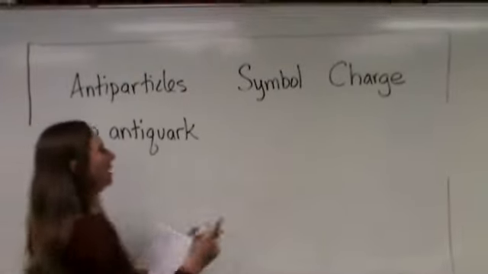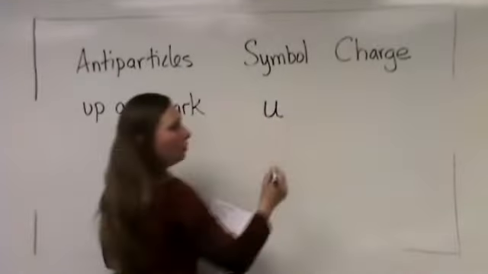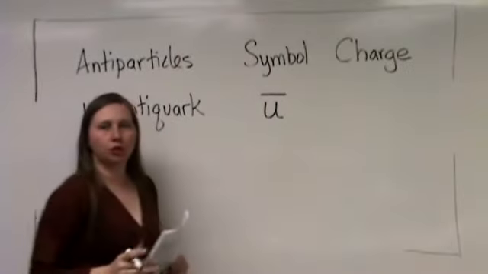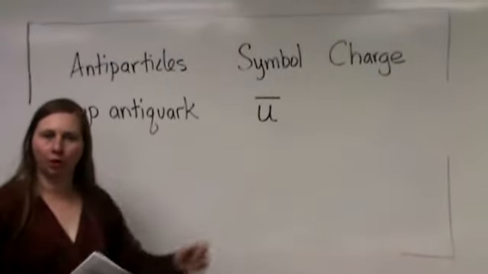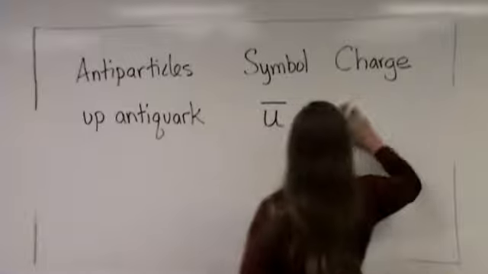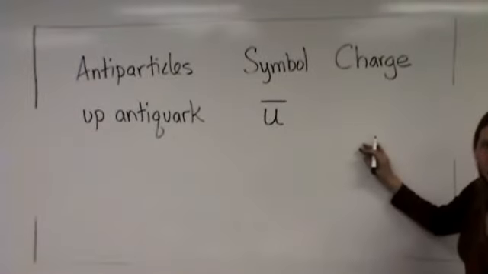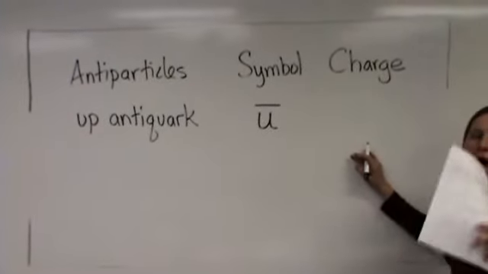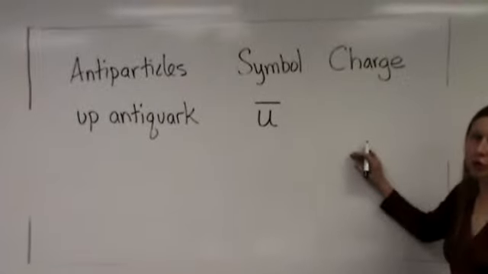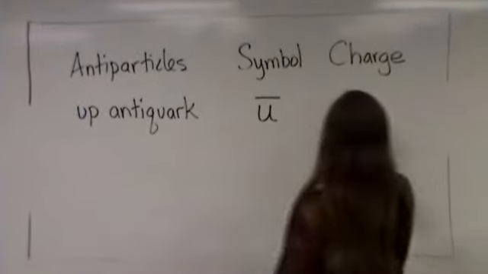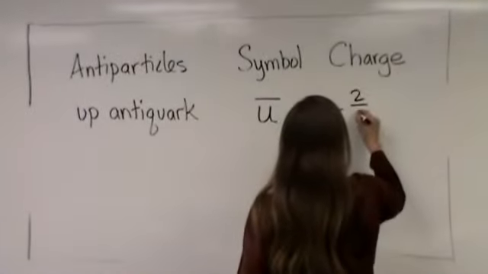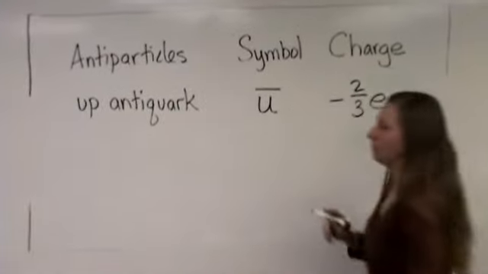How is it symbolized? You take the same U, put a line over to show we mean the antiparticle. The charge is the same magnitude, 2/3, but opposite sign. Or you could just say opposite charge. So the charge would be negative 2/3 e.